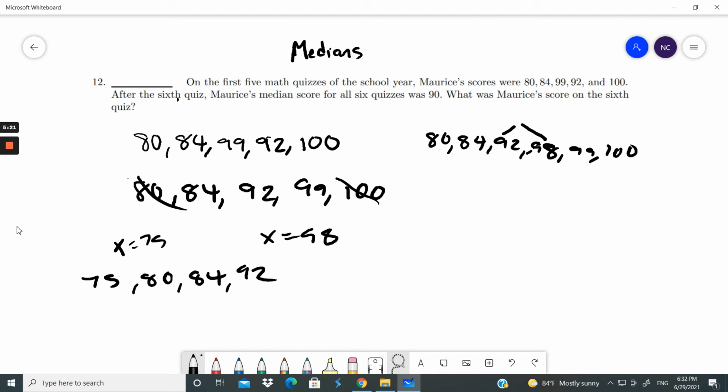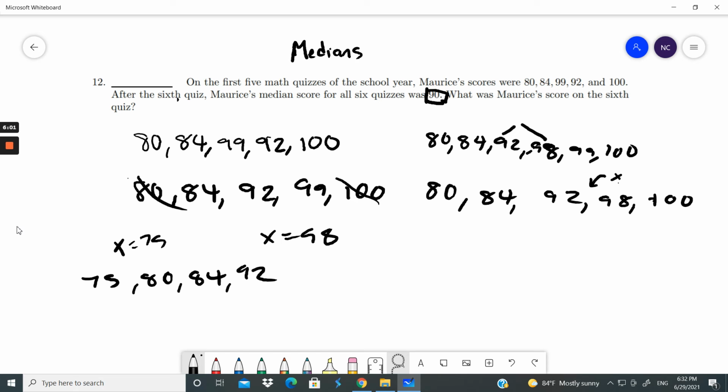So we need to figure out what number is necessary to make the median score 90. Since we know that it's going to be 6 numbers and we need to take what number is in between, we can figure it out logically. The number can't be in between 92 and 98, nor can x be anywhere in here, because that would mean that the median would be between 92 and x, and since the median is 90, we know that is simply not true.